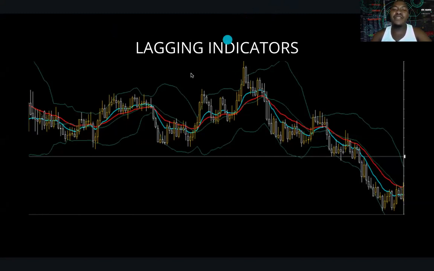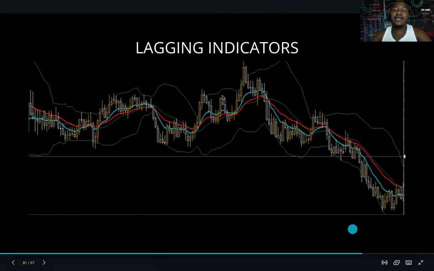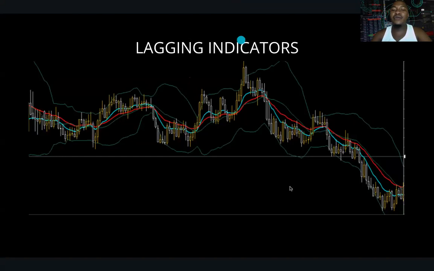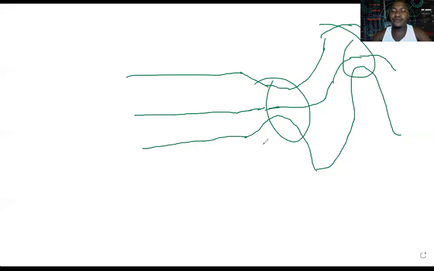So the 2 moving averages that you are seeing now, this is how, in most cases, they would look like. Just quickly clear this. Okay, cool. So this is how you'd have the 2 moving averages, the blue and the red one.